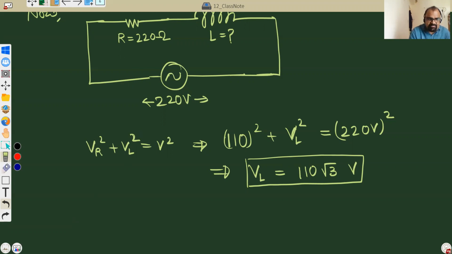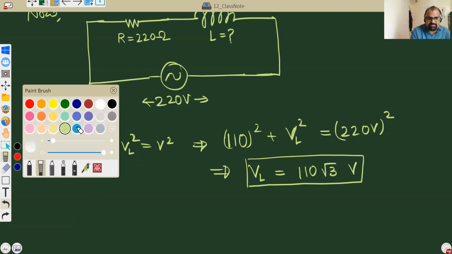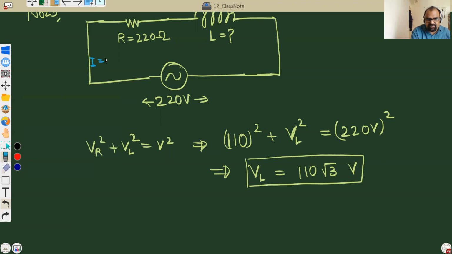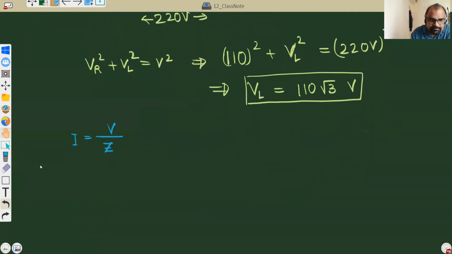By the way, how much current will be there? Current can be found by using voltage by impedance. This voltage is given. So current can be found as voltage by root over R square plus XL square.